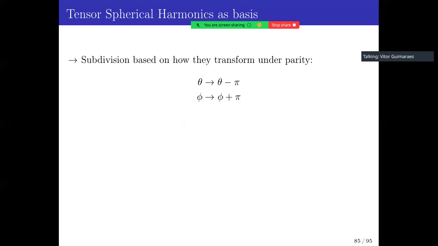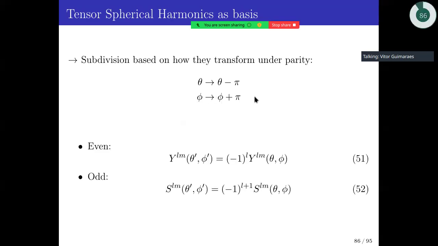So this even-odd labeling is the same as saying it is a subdivision of these tensor spherical harmonics based on how they transform under parity. If you do a parity transformation, which on the two-sphere is basically this transformation here and this transformation here, right? From theta to pi minus theta and phi to phi plus pi, okay?